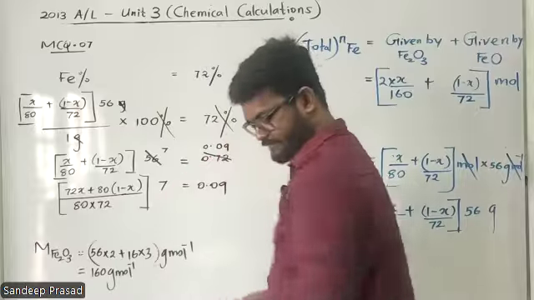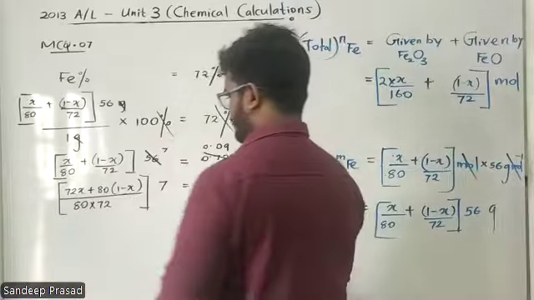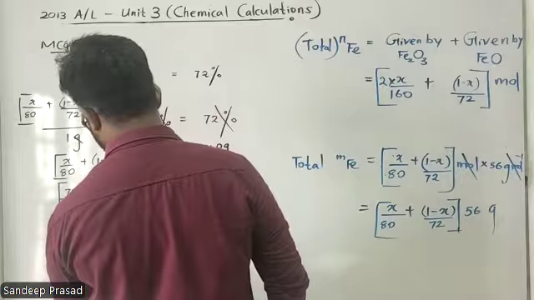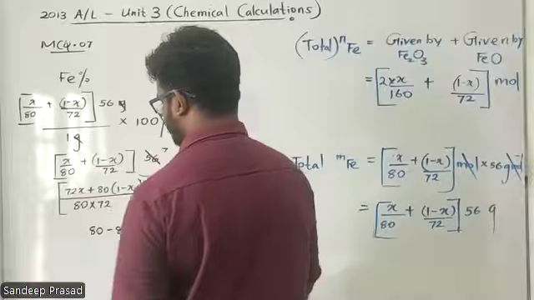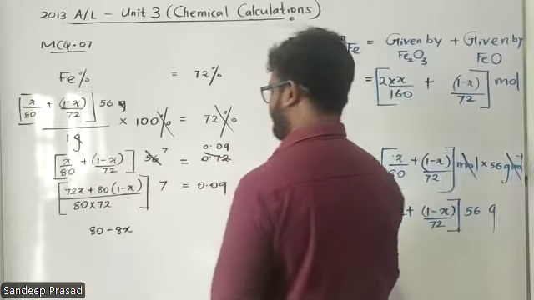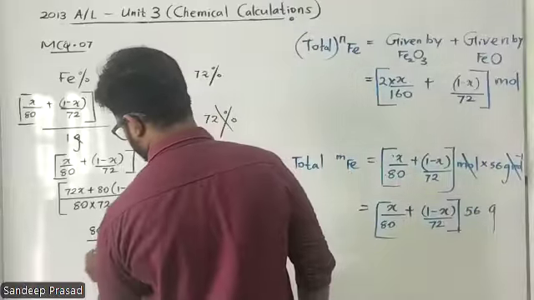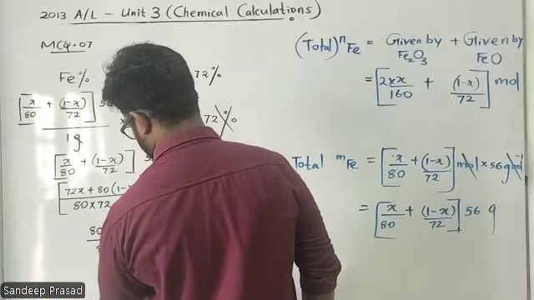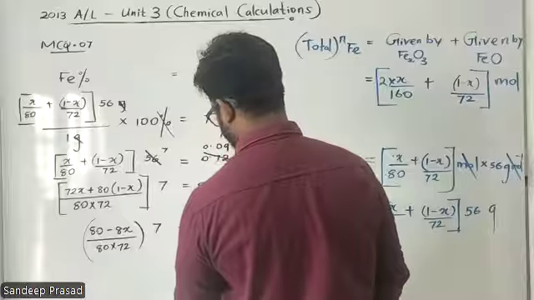Zero 0.09. Then here we have 80 minus 8x. 72 minus 80. 0.09.